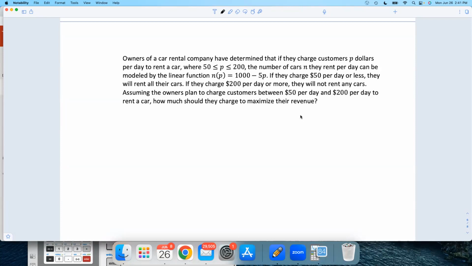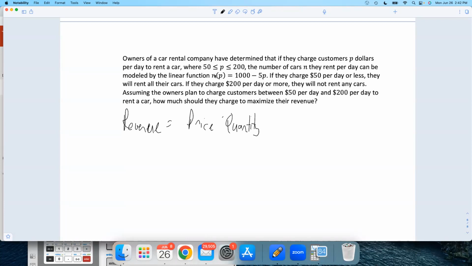You may not realize how to find revenue from a cost function, but revenue is always price times quantity. And we call this, I shouldn't have said a cost function, we call this a demand function.